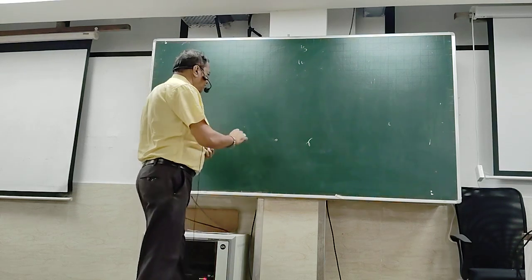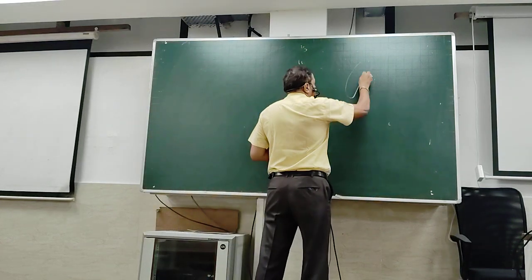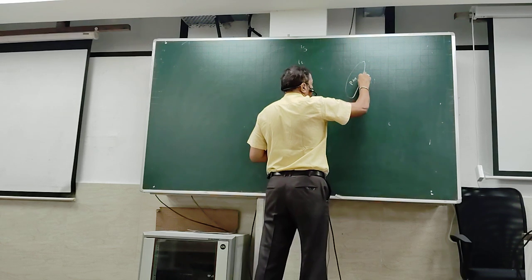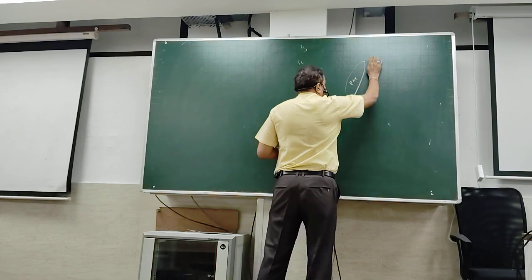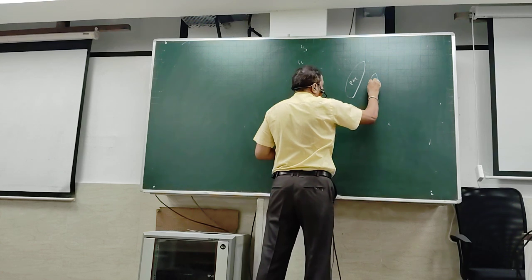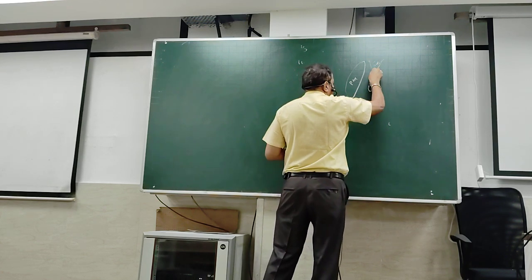Then the next topic was axilla. Axilla boundaries: anteriorly there was pectoralis major, pectoralis minor, and subclavius muscle.